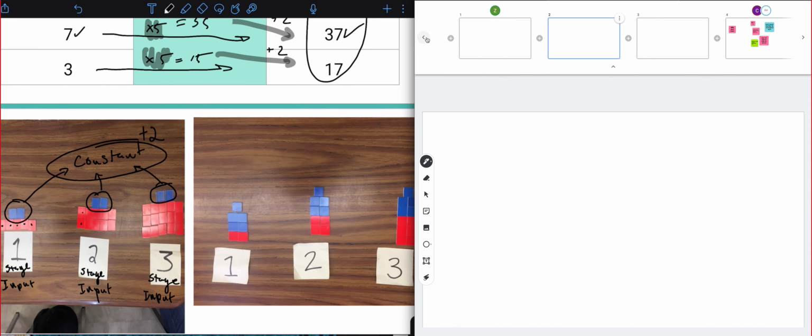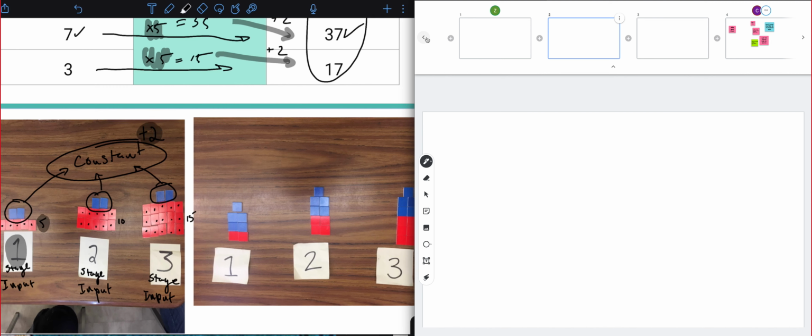how do I get the red tiles, right? You're like, okay, well, in stage 1, there's 5. In stage 2, there's 1, 2, 3, 4, 5, 6, 7, 8, 9, 10. In stage 3, there's 1, 2, 3, 4, 5, 6, 7, 8, 9, 10, 11, 12, 13, 14, 15. Right? So we go from 5 to 10 to 15.